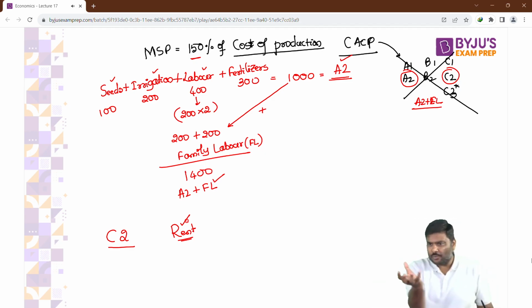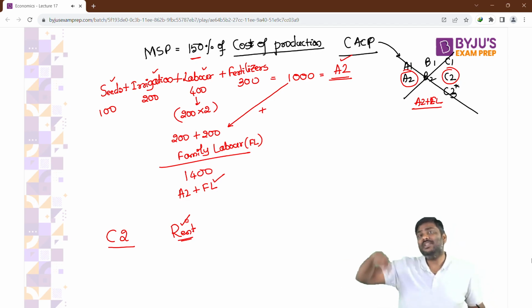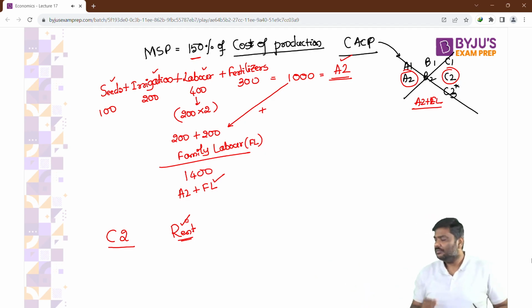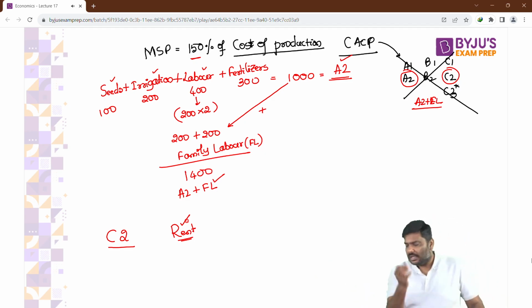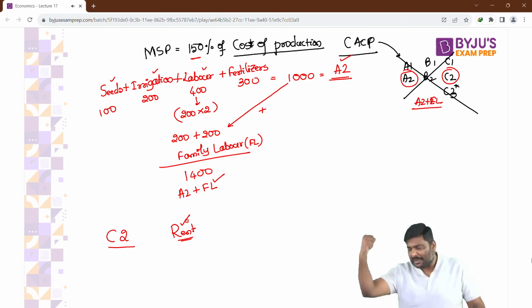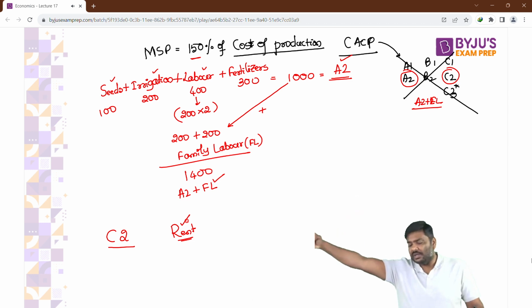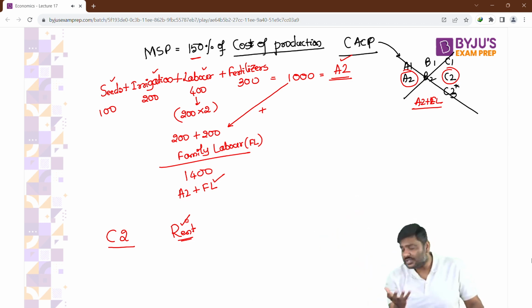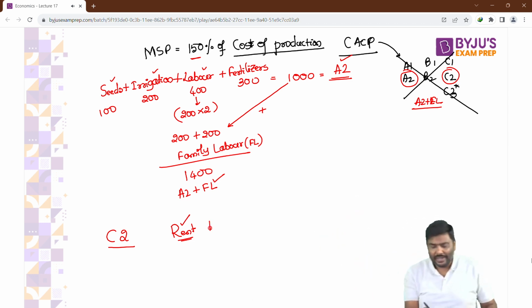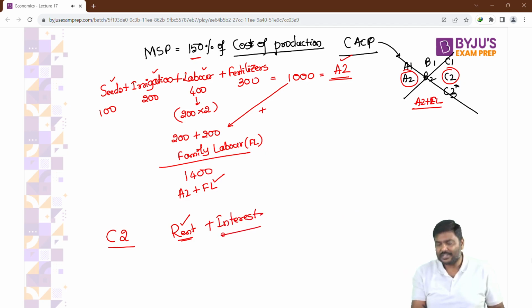What if I spend 100 rupee to purchase certain asset rather than keeping 100 rupee in the bank account? Am I foregoing interest on it? Please participate now. I have 100 rupee. I will use the 100 rupee to purchase an asset for the land rather than keeping it in the bank account. Am I foregoing interest on it? Of course, yes. So interest that has been foregone.